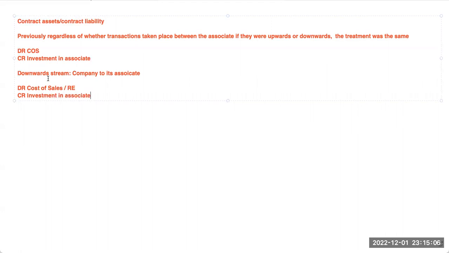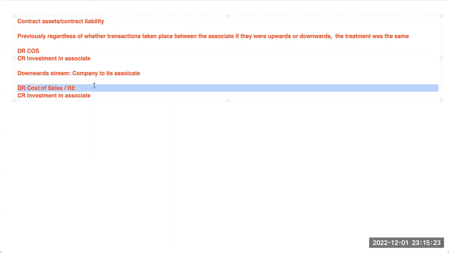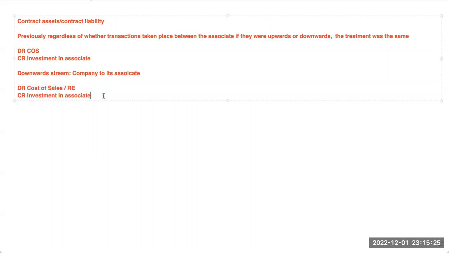So if we are making the sale to our associate, based on the profit figure that this transaction has led, we multiply that amount by the percentage of our ownership, and that amount will be corrected in our books as debit cost of sales and credit investment in associate.